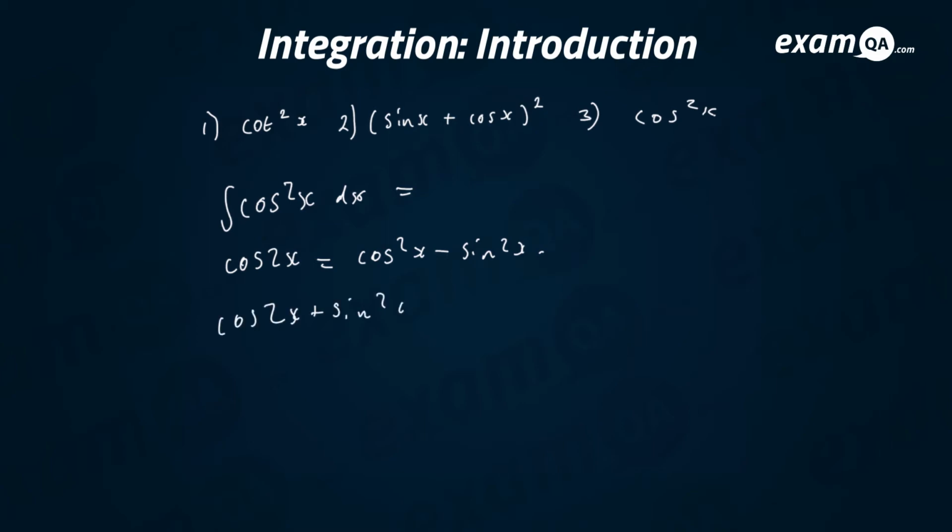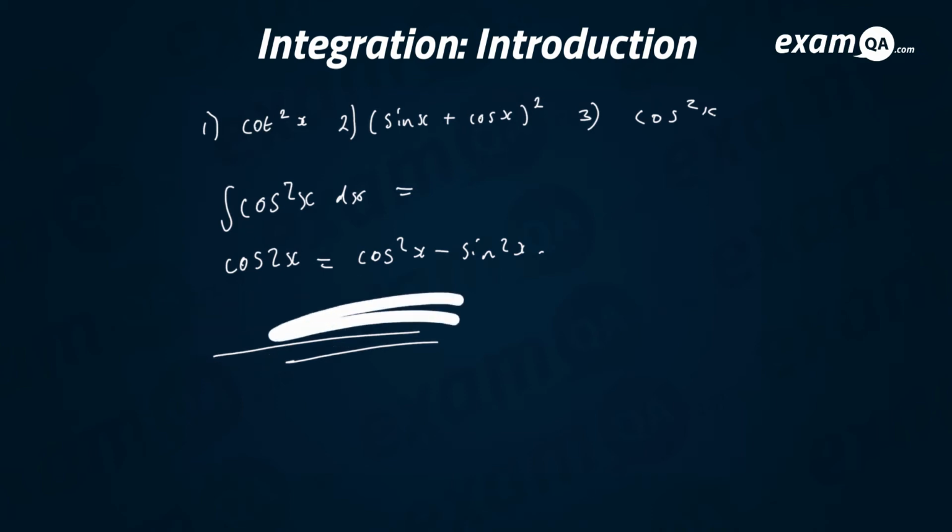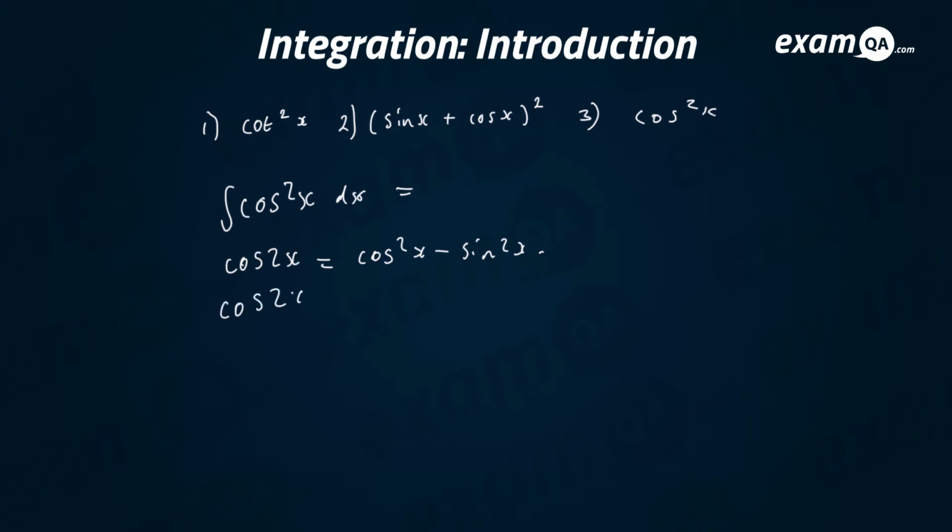This is a bit tougher to integrate, because this is easy to integrate, but that is not as easy. So let's scrap that and change it to the other form where there's only the cos trig value.